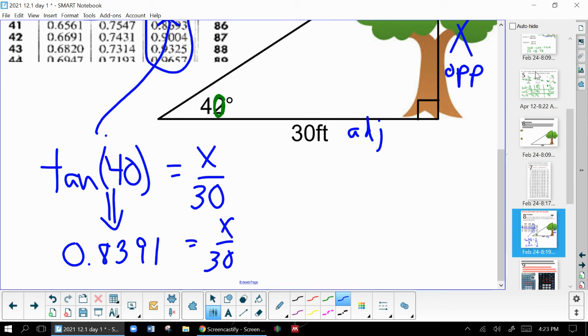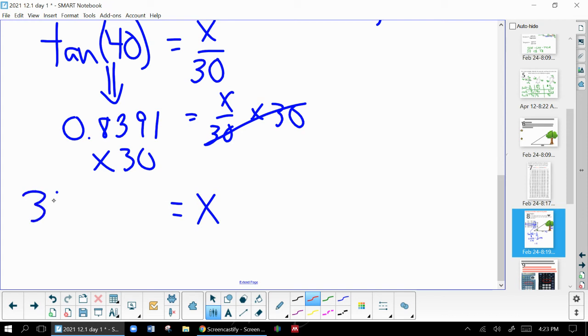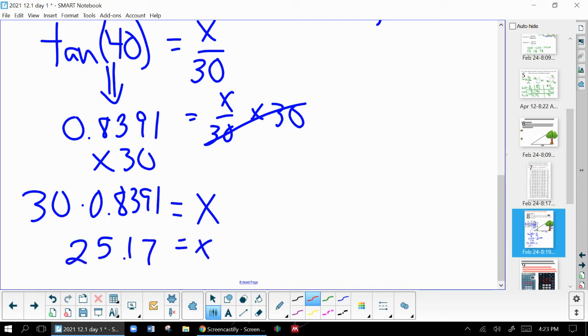It's very, very close, actually, to 1.7 over 2 if you actually looked at it. So to solve this equation, I just need to take both sides of my equation and multiply by 30 to get the x by itself. So x equals 30 times 0.8391, which calculator says is 25.17. And there's my answer.